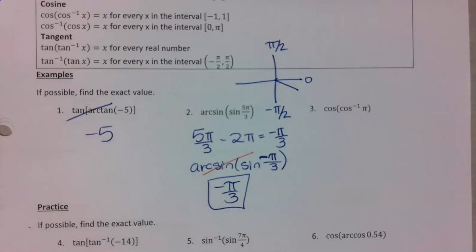5pi/3 though is not between negative pi/2 and pi/2. Right? 5pi/3 is more than pi/2. Oh yeah, the actual angle itself ends up there, but the number 5pi/3 is not in between there. So that's why I rewrote it as a negative angle.